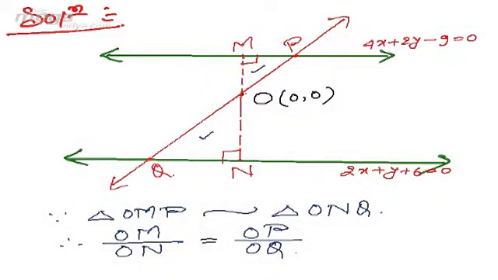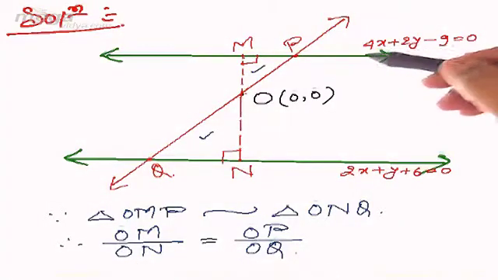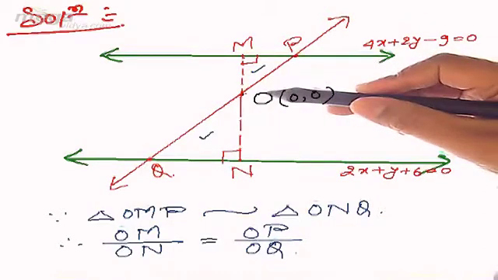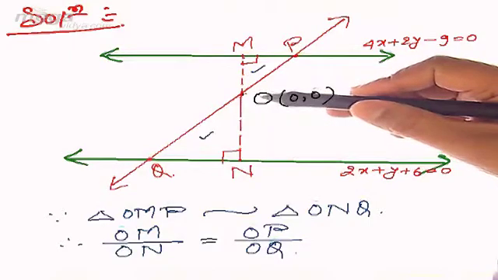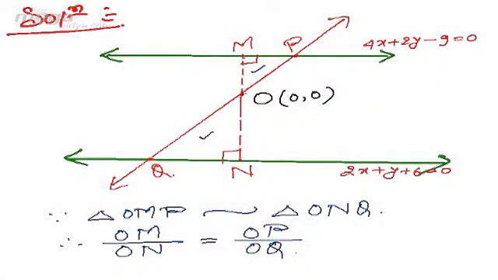It means to get the result OP upon OQ, we will find OM upon ON. OM is the distance of the first line from the origin and ON is the distance of the second line from the origin. So now we'll calculate OM and ON.